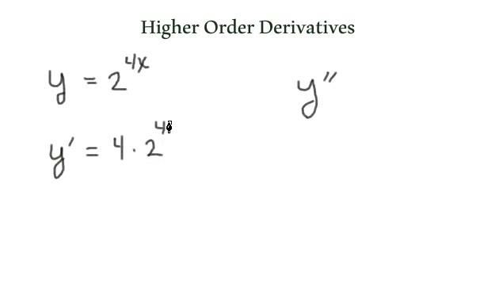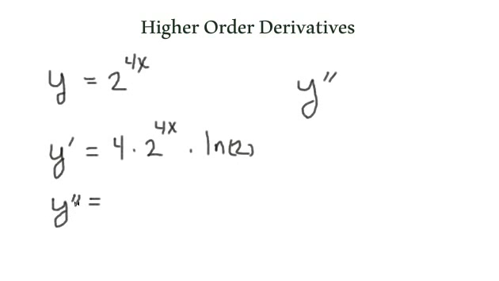Rewrite. And then this time you take the natural log of whatever the base is here and bring it out. So this would be the natural log of 2. Put parentheses around that.